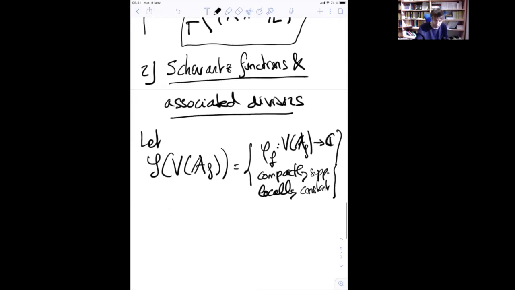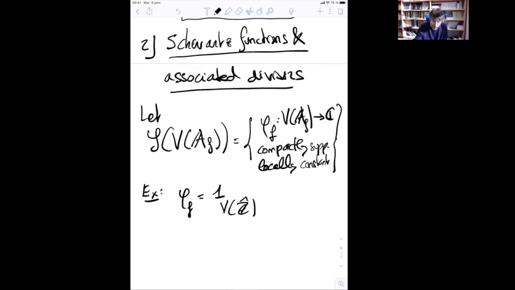So let me just give a few examples. The simplest one is to take the characteristic function of a lattice, but you can translate the lattice.